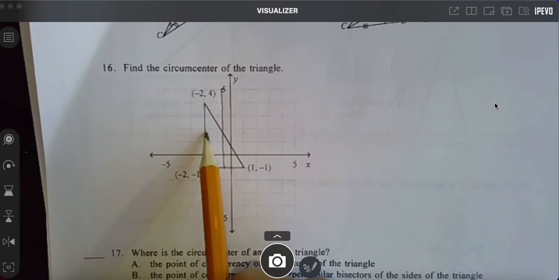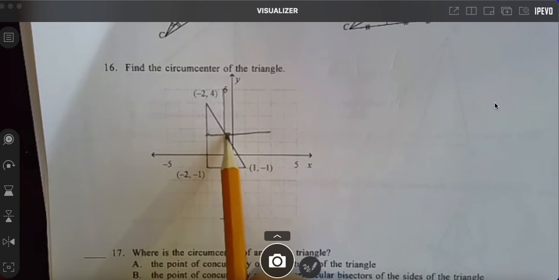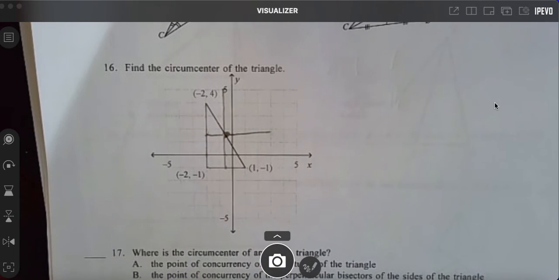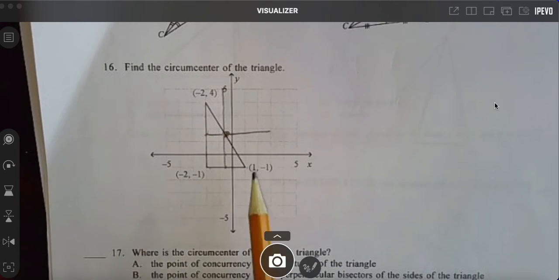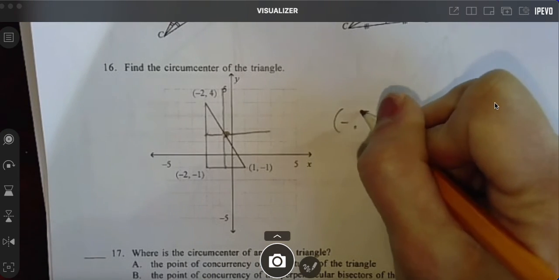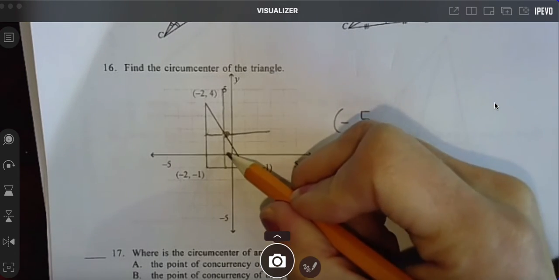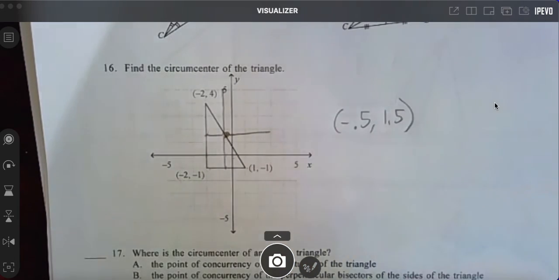And I'm going to draw a line through it. This is where they meet. That right there is the circumcenter. But I want you to write that point down. This I'd give you a few points for, but not full credit. Where is that point from the origin? Well, I would go to the left 0.5, and then I'm going to go up 1.5. And there we go.